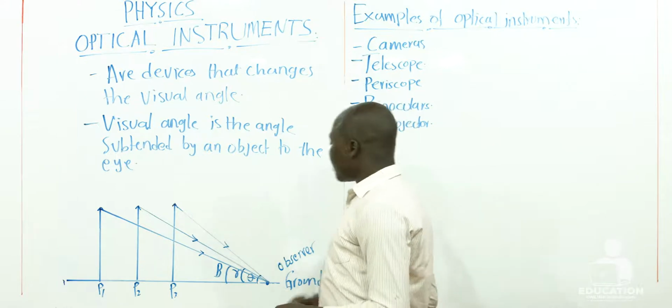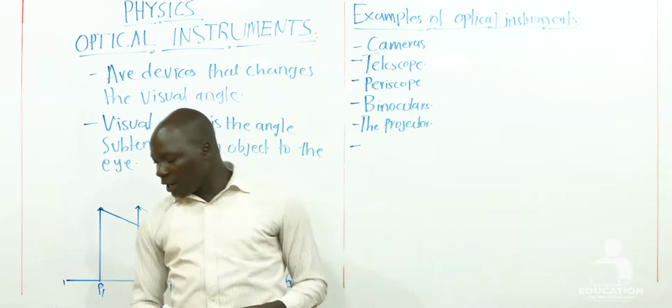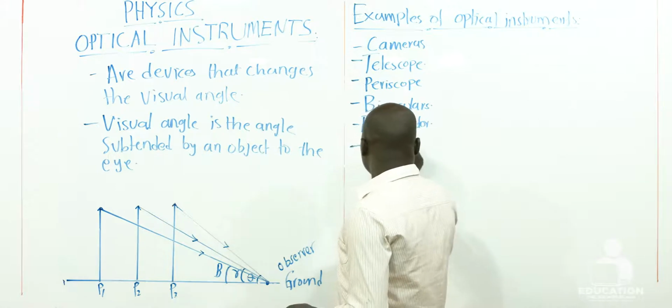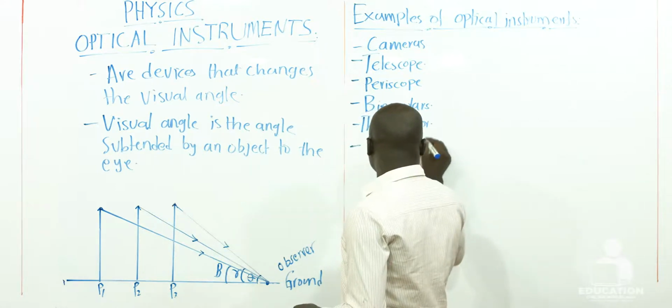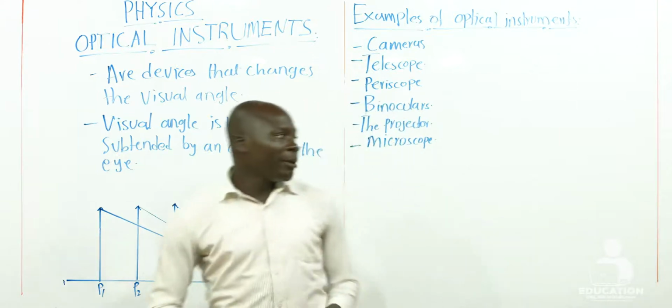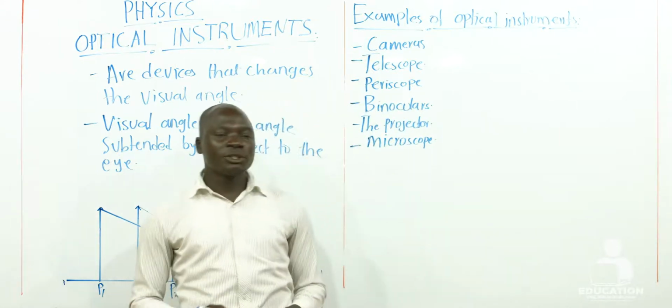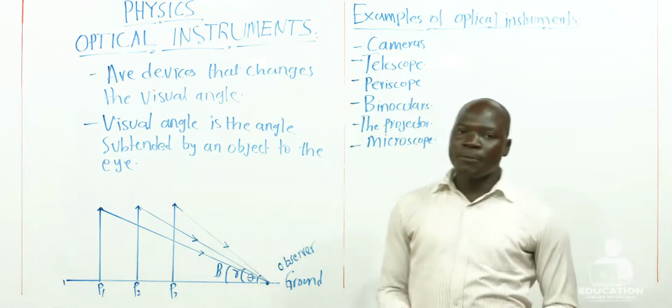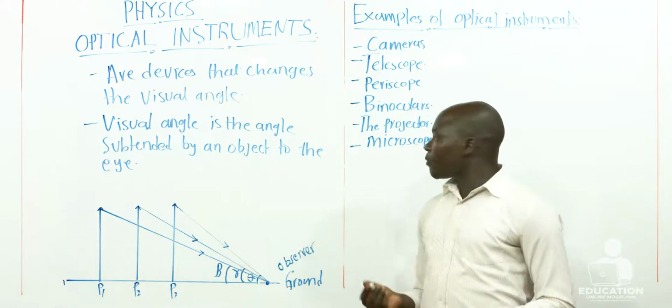That is the angle that is subtended by the object to the human eye. Then another example that we have is the microscope. The microscope also changes the visual angle. Microscopes are used to view small objects.